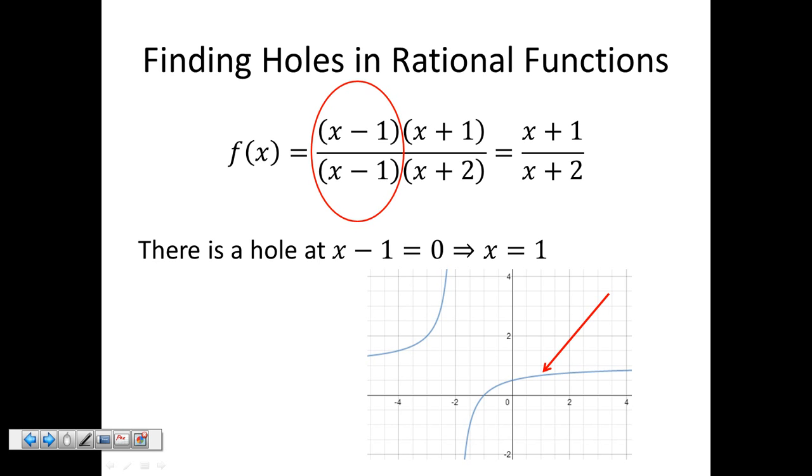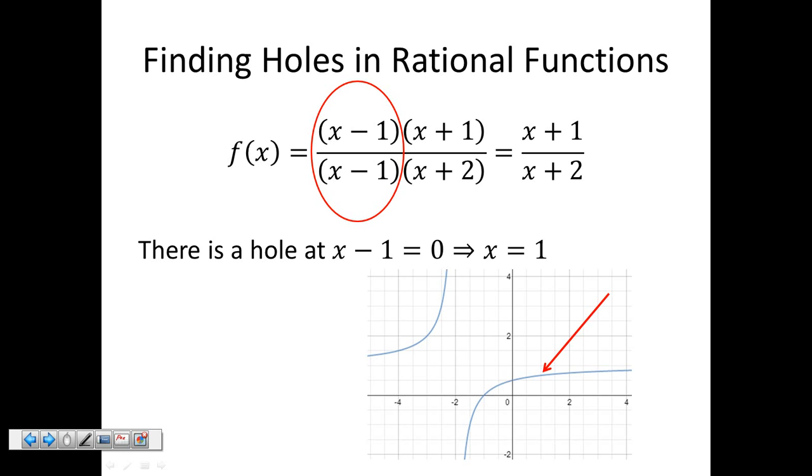It's where it equals 0 on the bottom, and it's the piece that canceled out. So if I look at a graph for this, and I use Desmos to graph this just because I love Desmos, even though I don't actually see it, I know that there is a hole at x equals 1 because if I tried to plug 1 into the original function, it would blow up. I can't have 0 on the bottom of this fraction.